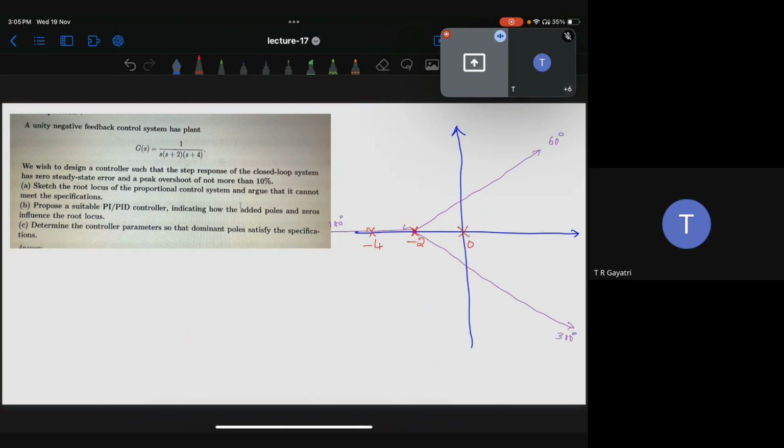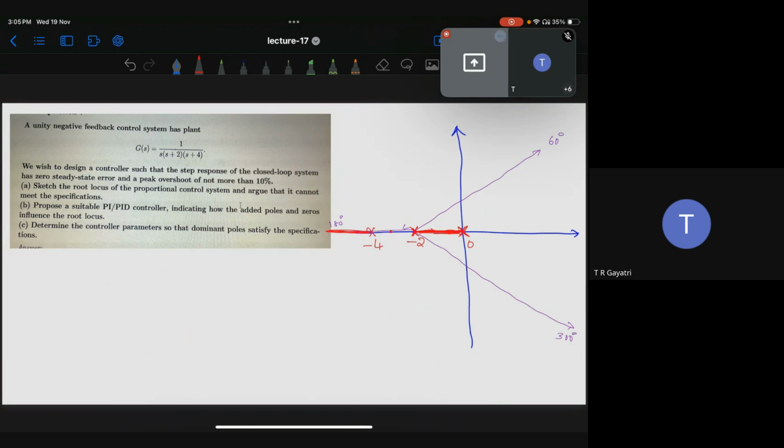Now, how does the root locus look? If you start coming from the right side, this will be part of the root locus, and this will also be. If you locate any point here, from that point on the right side you'll have an odd number, meaning one pole only, hence this is part of the root locus.